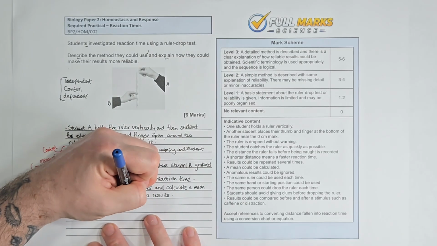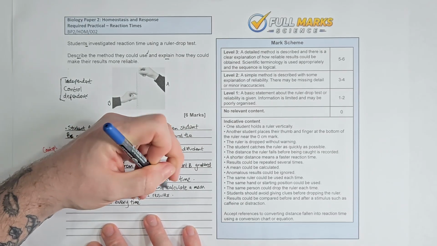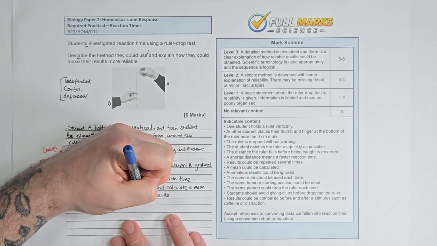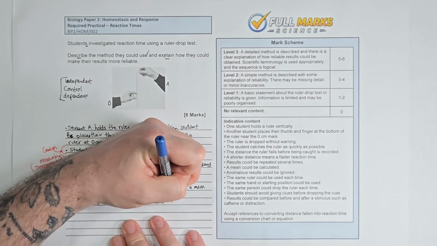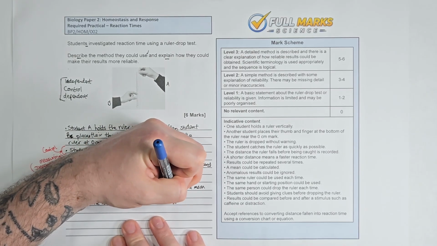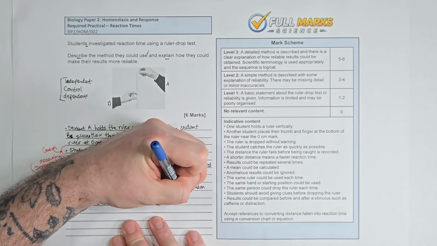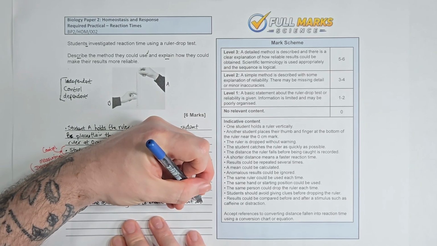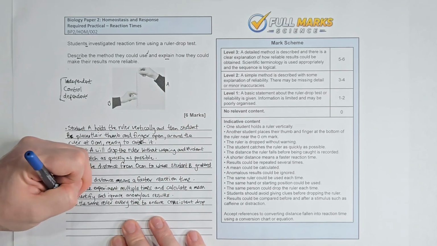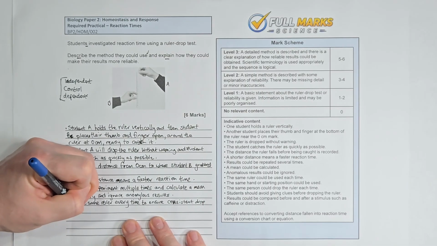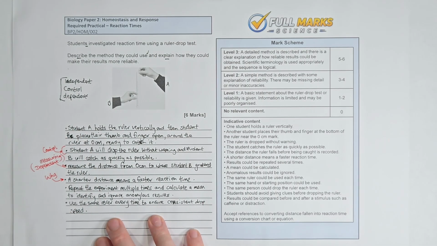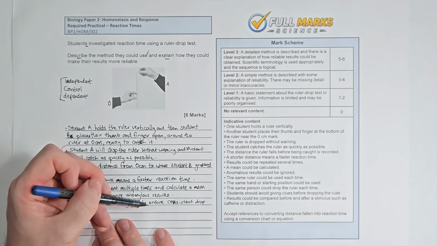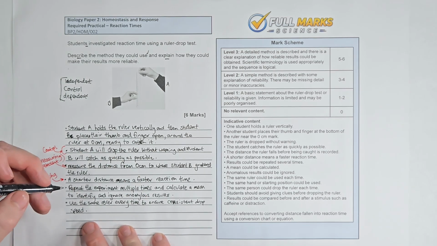Use the same ruler every time to ensure consistent drop speed. Because if it's different weights, different materials, it could fall faster. I mean, that covers it anyway, so that'll do. So use the same ruler every time to ensure consistent drop speed.